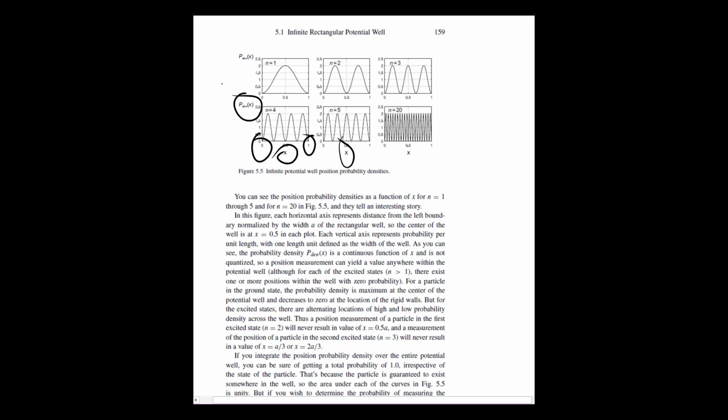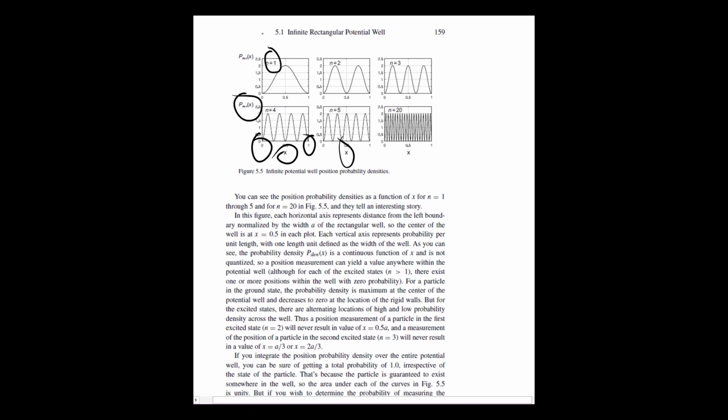Likewise, the vertical axis says this is the probability density as a function of x, and in the one-dimensional case, probability density is expressed as probability per unit length. In this case, since the length unit is the width of the well, this is probability per length a, the width of the well.